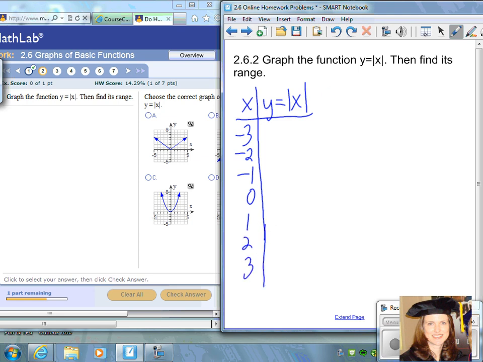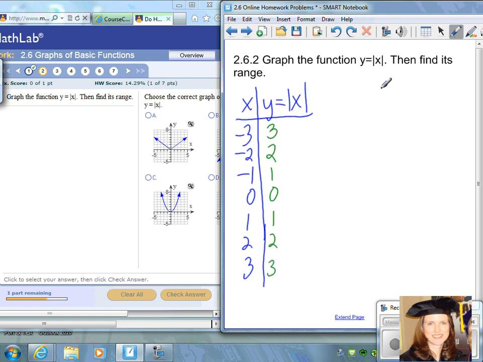When you plug that into the equation for x and solve for y, you get y is equal to absolute value of x. So the absolute value of -3 is positive 3, absolute value of -2 is positive 2, and so on. You get those y values by plugging in the x values.